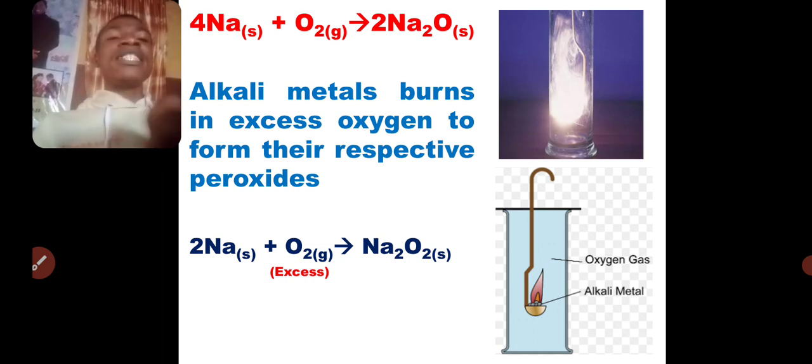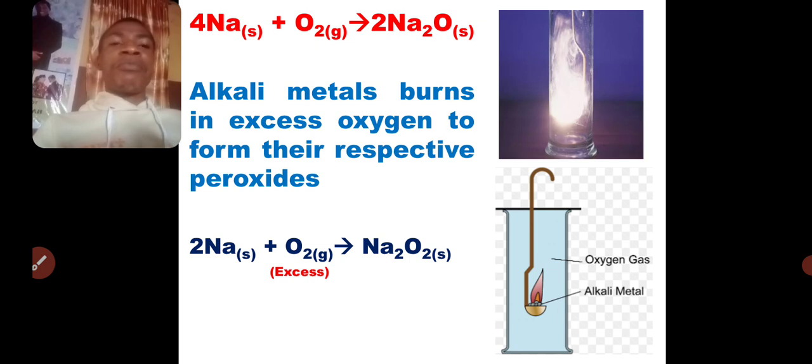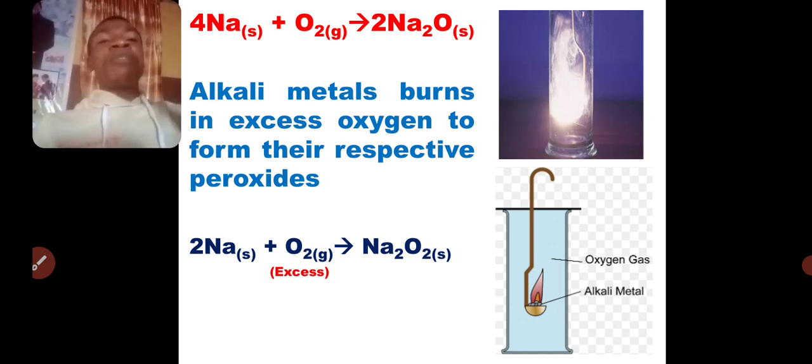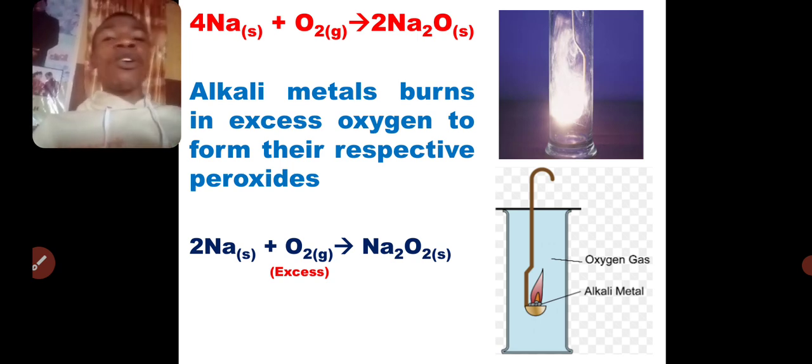As you can see in this place, when you react sodium with excess heated oxygen, it gives you sodium peroxide. The diagram you see by my right hand side is how the reaction normally occurs in the laboratory.